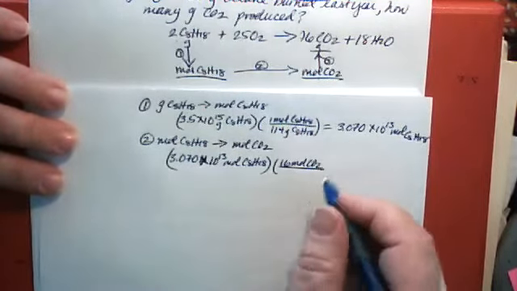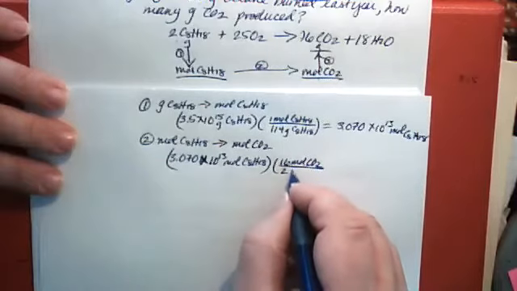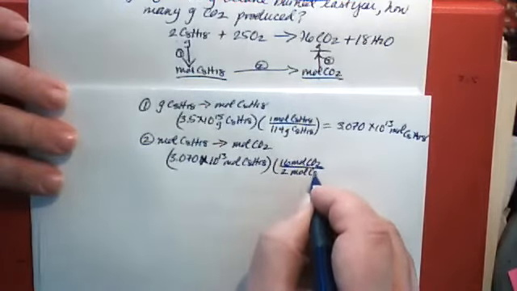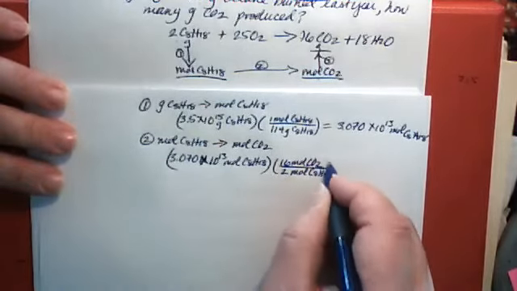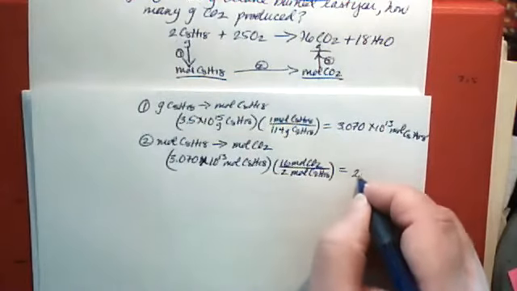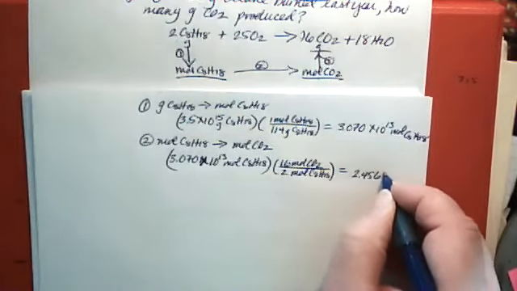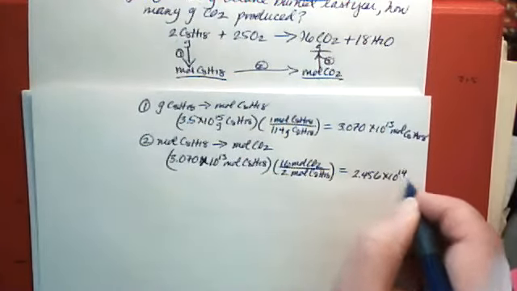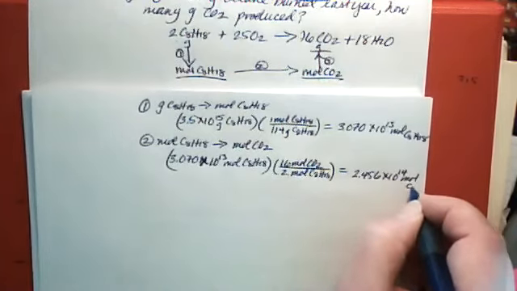And we get 16 moles of CO2 for every 2 moles of C8H18. And that makes 2.456 times 10 to the 14th moles of CO2.